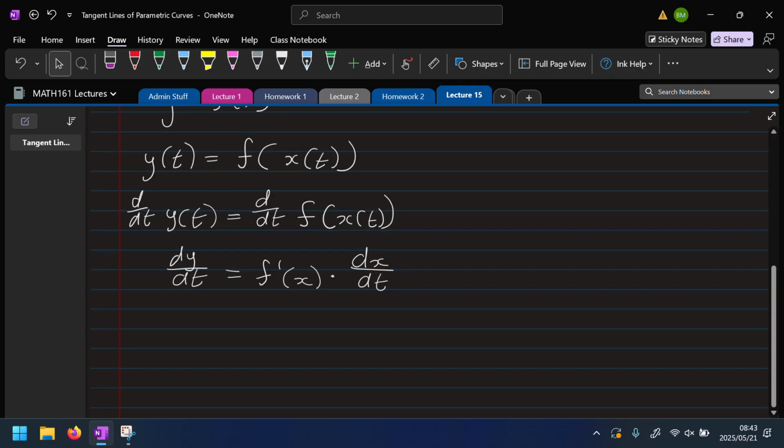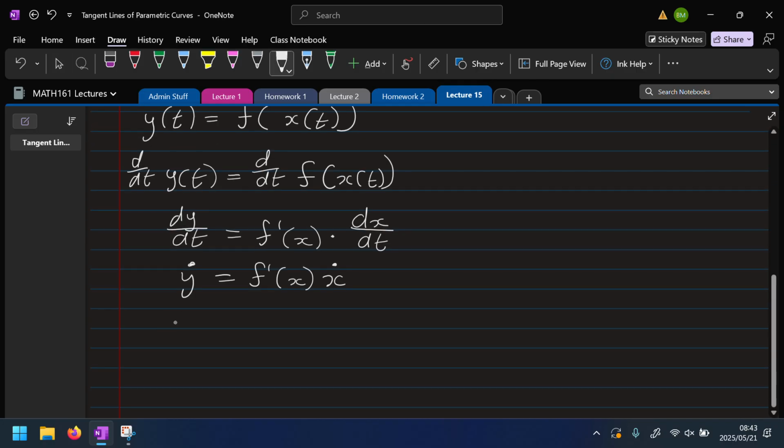Okay, now we're just going to change the notation a bit, just to make things a little bit easier. Dy by dt, we can write as y dot. And we still have f prime of x. And dx by dt, we can write that as x dot. It's a little bit of change of notation, but it just helps simplify the next line. So we're going to take the x dots over to the other side.